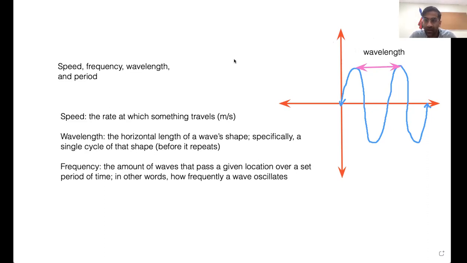And then assuming, let's say, that this was all taking place over 1 second, then we could say that the frequency, this curved f, would be 2 cycles per second.